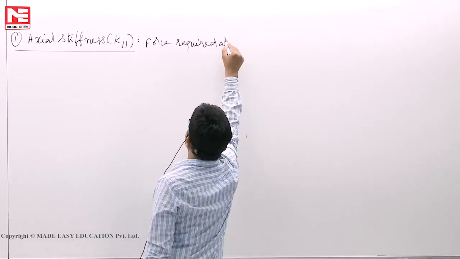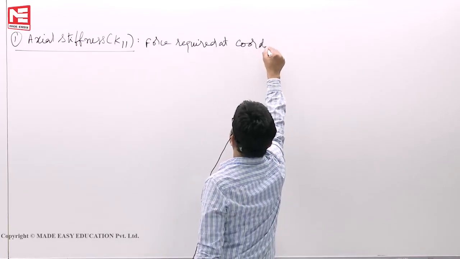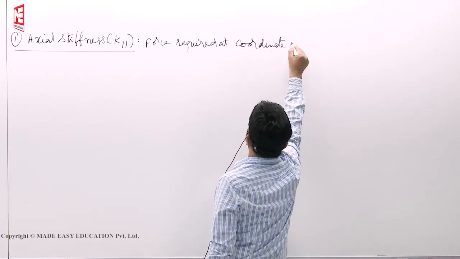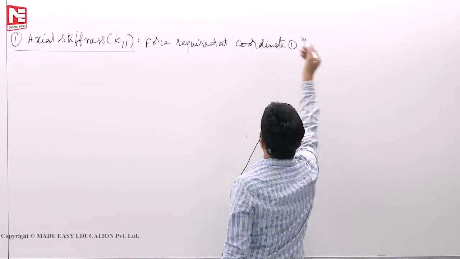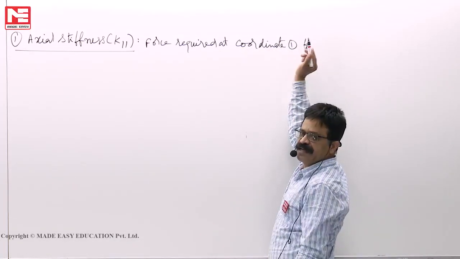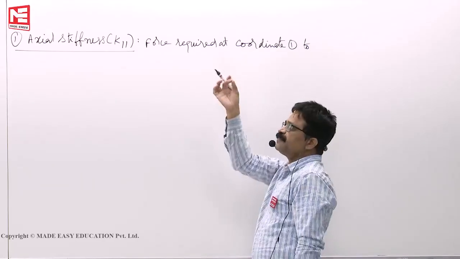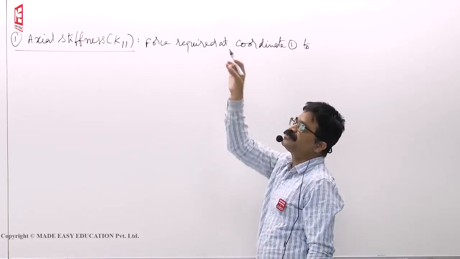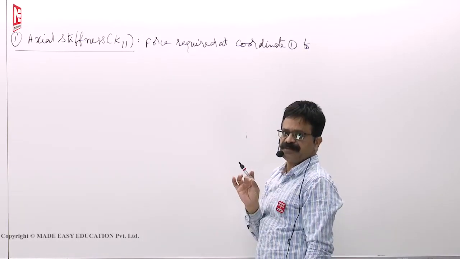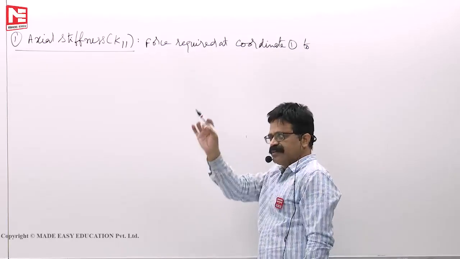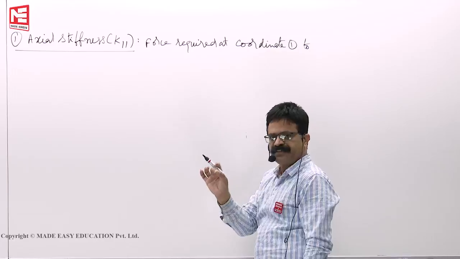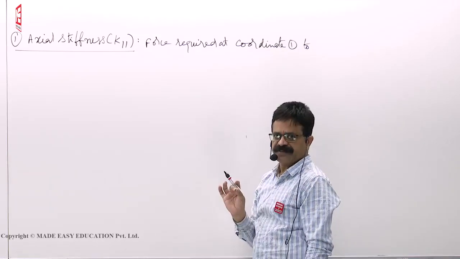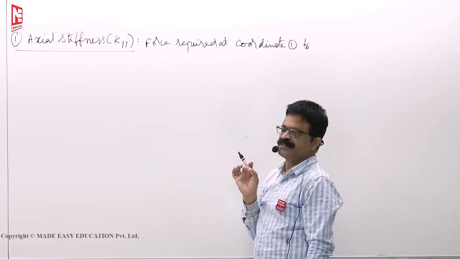Force required at coordinate 1, or force developed at 1 because of the displacement. Any which way we can read it. If I give unit displacement, how much resistance or force is developed in the member in the direction of the displacement? That resistance, how much it offers, or how much force is developed because of your displacement.